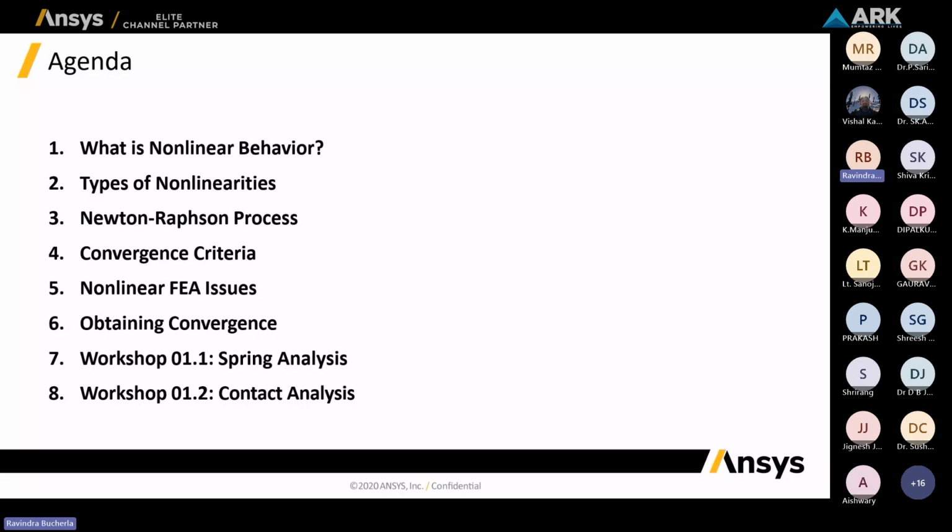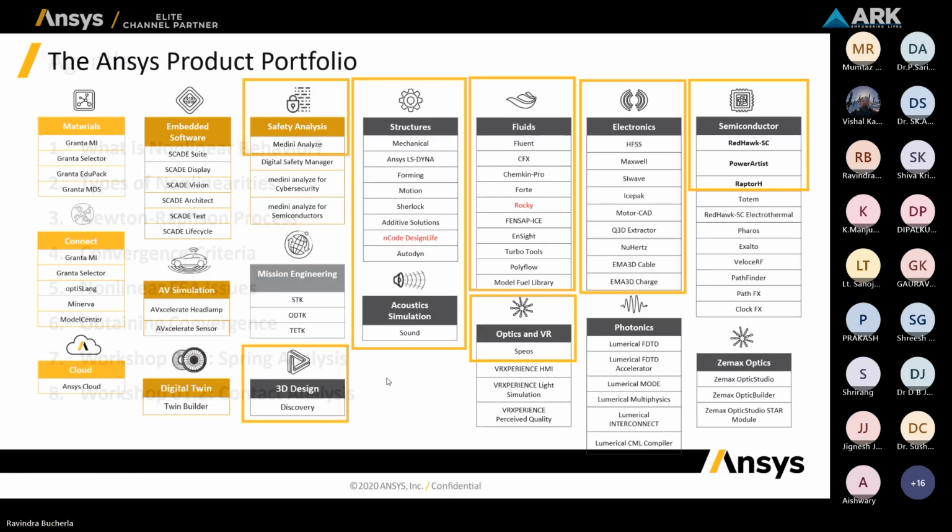So before we move into these topics, I will just show you what are the different physics that we can solve by using Ansys software. Ansys is a pure old software which has the capabilities to solve the problems related to different physics like structures, fluids, electronics, semiconductors, photonics, optics.